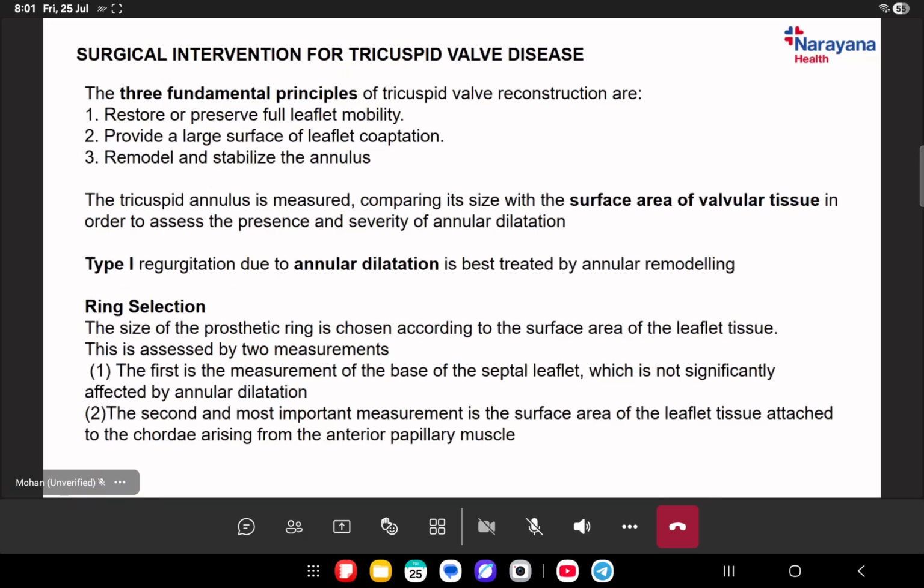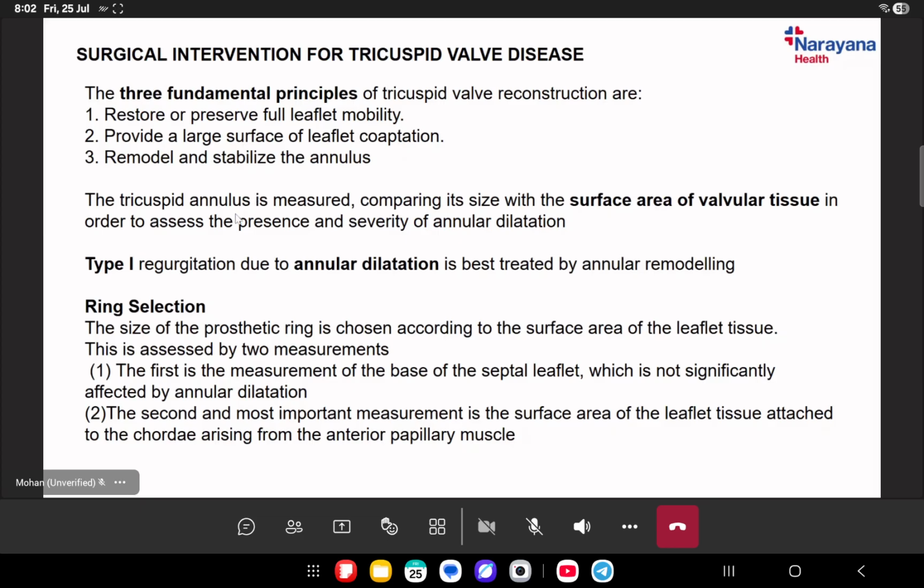So coming to surgical intervention for tricuspid valve disease, there are three fundamental principles, like the left-sided mitral valve: restore or preserve full leaflet mobility, provide a large surface area for leaflet coaptation, and remodel and stabilize the annulus.